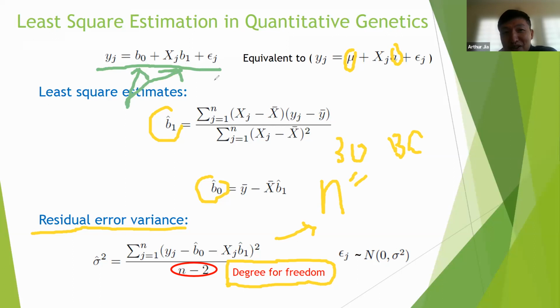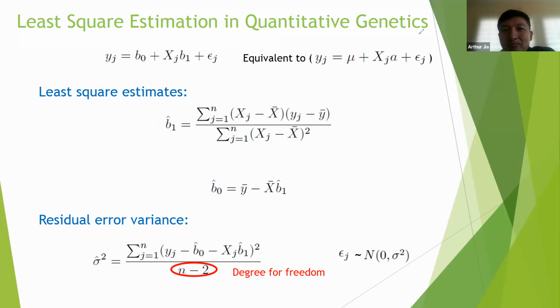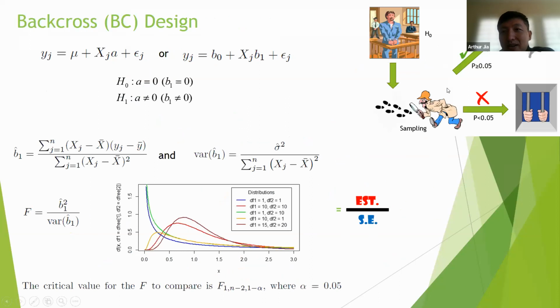That's why you see for this problem, the degree of freedom equals n minus 2 equals 28. So you used up 2 degrees of freedom to estimate these 2 parameters, such that you can use this linear combination model to help answer your question. Does that make sense? Okay. All right.